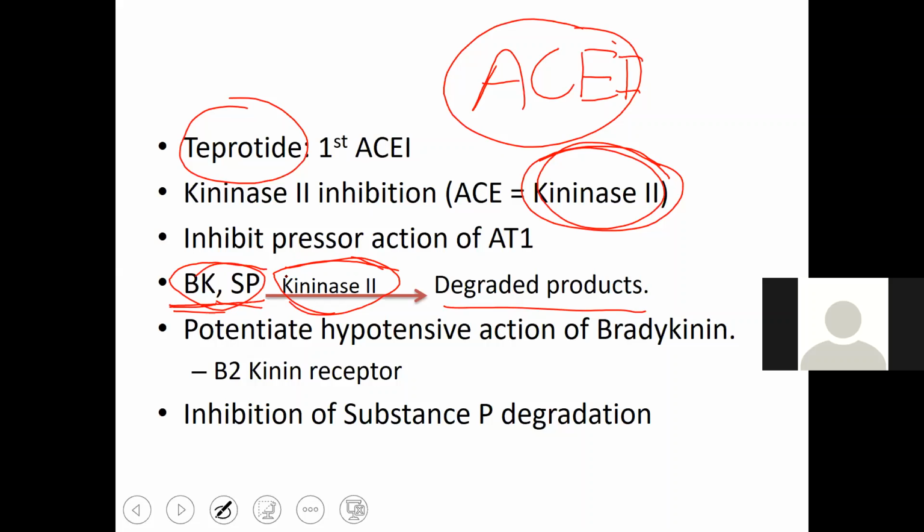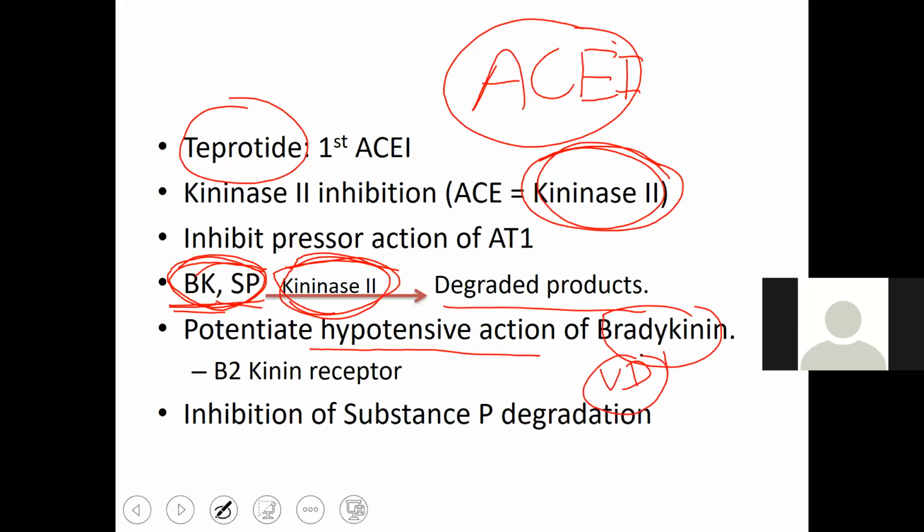But if we give ACE inhibitors, what will happen? Kininase 2 will be inhibited because it is the same as ACE. So there will be accumulation of bradykinin and substance P in the body. When they accumulate, they will potentiate the hypotensive action. These are bradykinin related effects, because bradykinin causes vasodilatation.